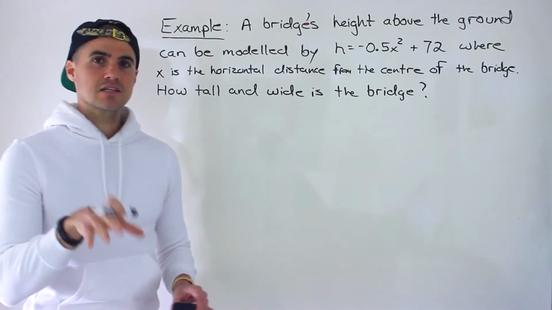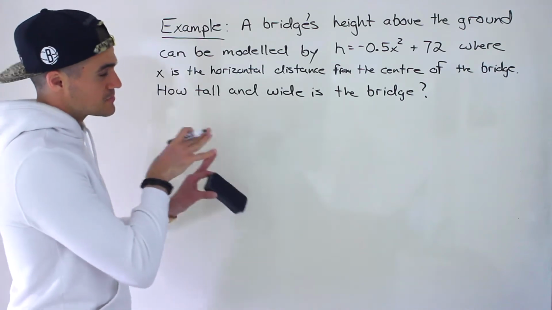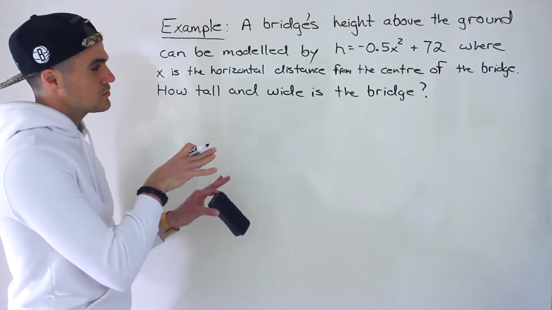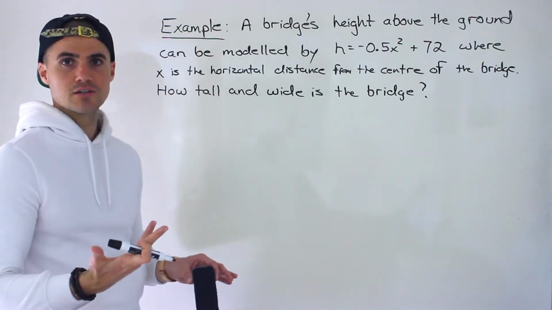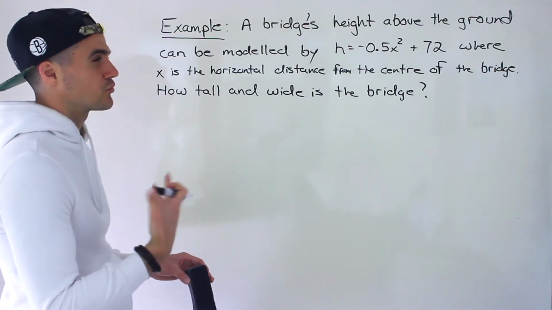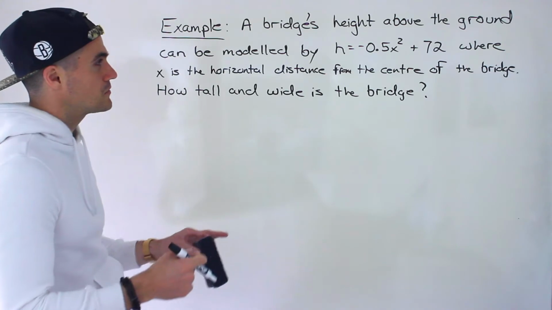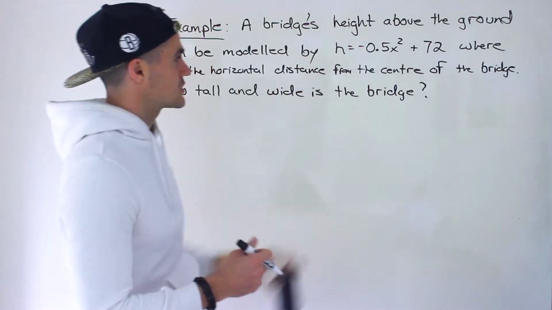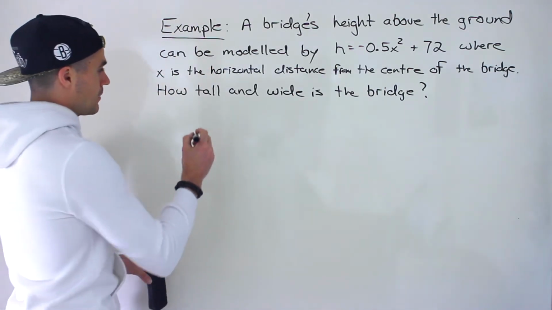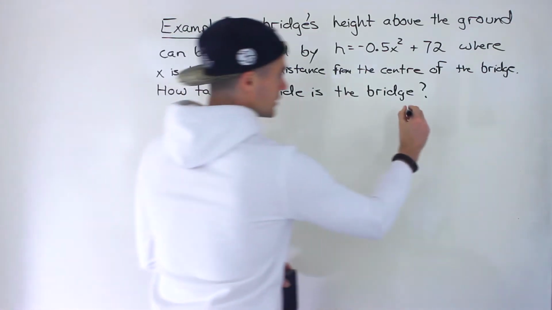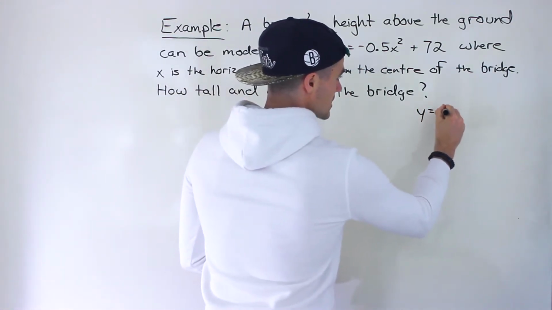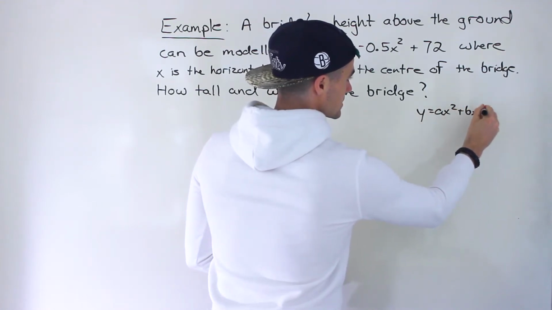Now, before getting into the specifics of this particular question, I want to go over a couple of different scenarios that you're going to run into when you're dealing with bridge word problems, and different formats that this quadratic can take. In general, we have y equals ax squared plus bx plus c.